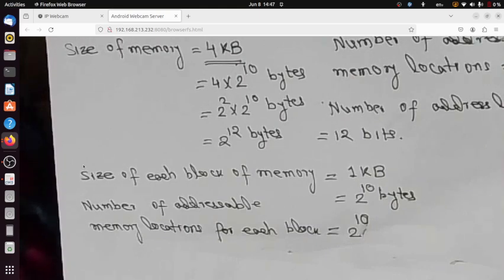Each byte is given a particular address. So the number of addressable memory locations for each block will be 2 to the power 10.